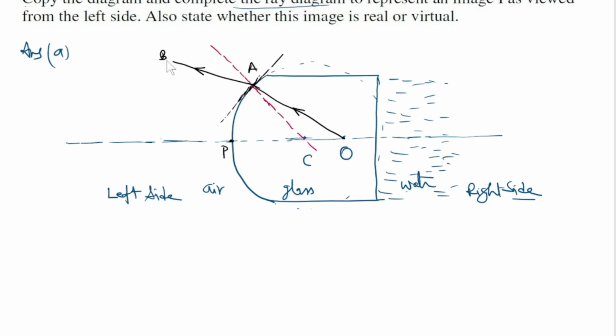Thus, AB is the refracted ray. Now next, you extend this AB ray in the backward direction.